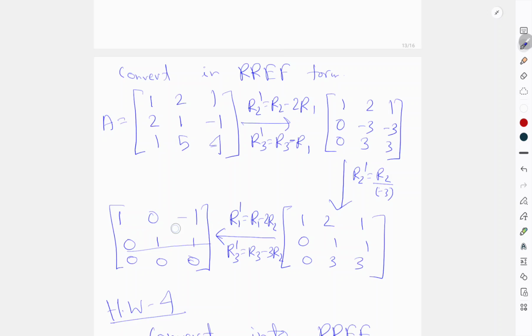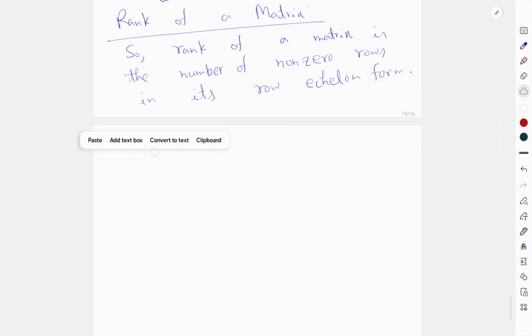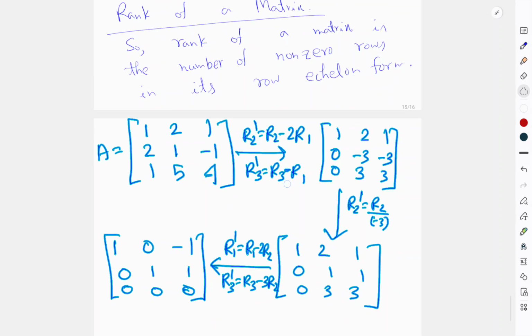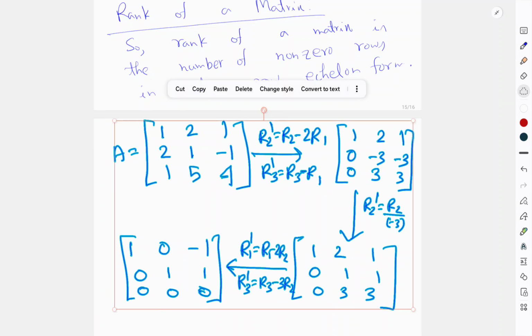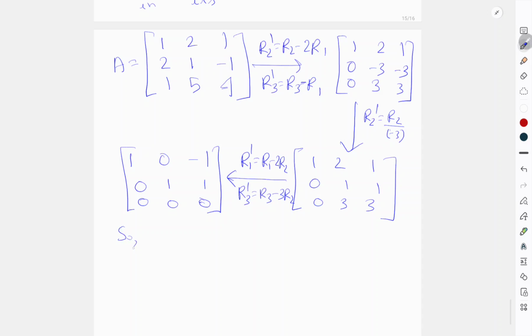This one and this one, so you have 2, right? Let's copy this one. So the rank of A is 2.